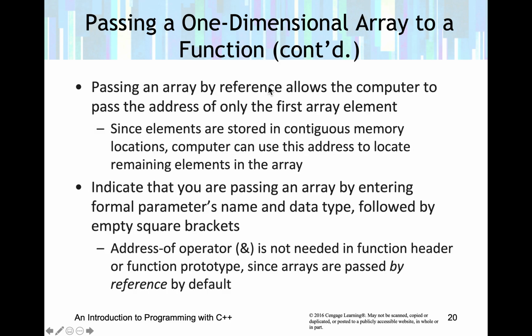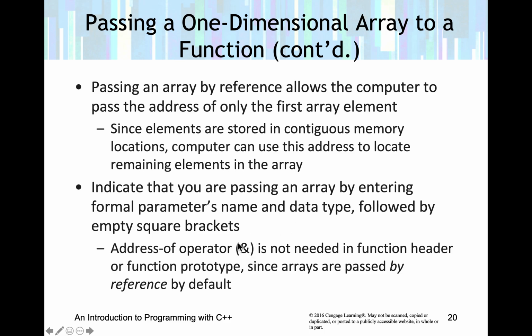Passing an array by reference allows the computer to pass the address of only the first array element. And like I said earlier, since elements are stored in contiguous memory locations, the computer can use this address to locate the remaining elements. You indicate that you're passing an array by entering the formal parameter's name and data type, followed by empty square brackets.